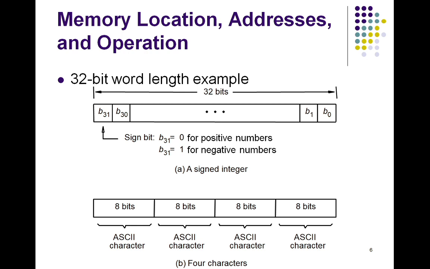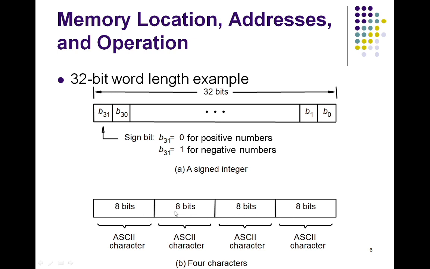A unit of 8 bits is called a byte. As you can see, 8 bits, 8 bits, 8 bits, 8 bits, so in total it is a 32 bit word length. If your computer is of 32 bits, then you can say that the word length is 32 bits. 32 bit means to store the information in terms of bits.